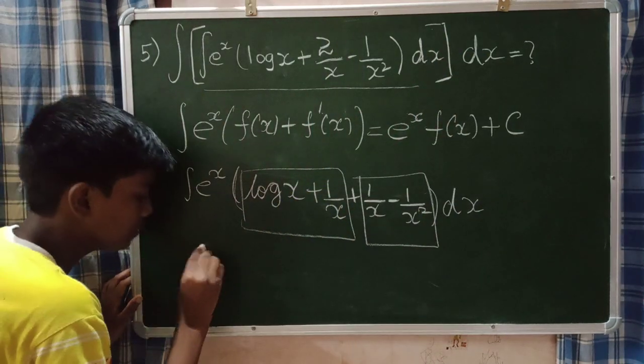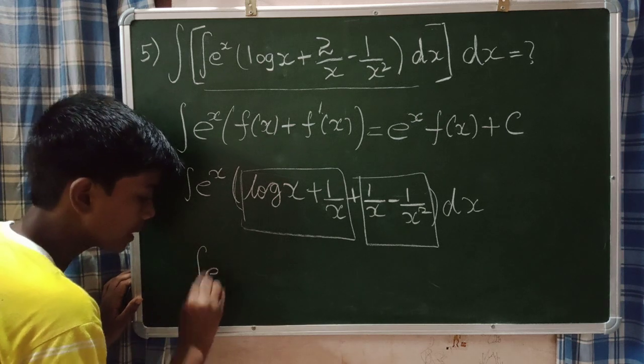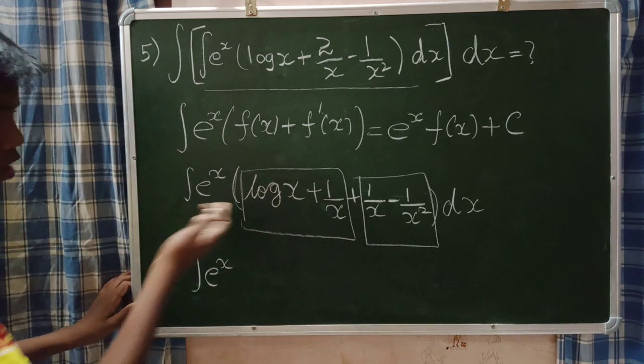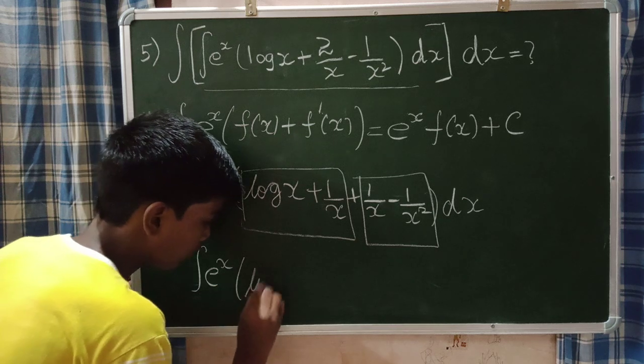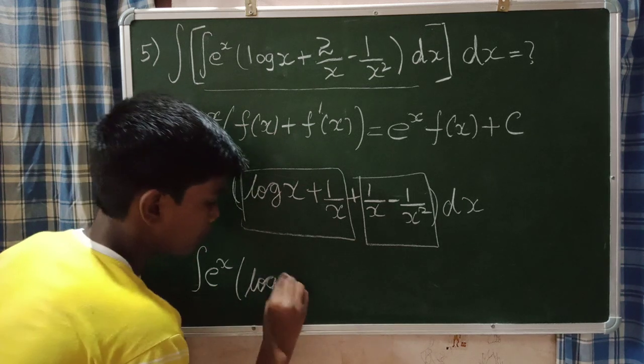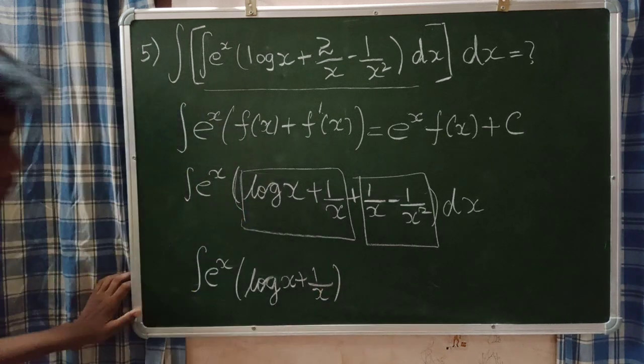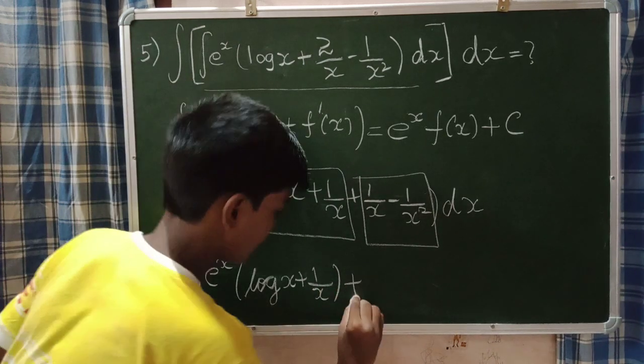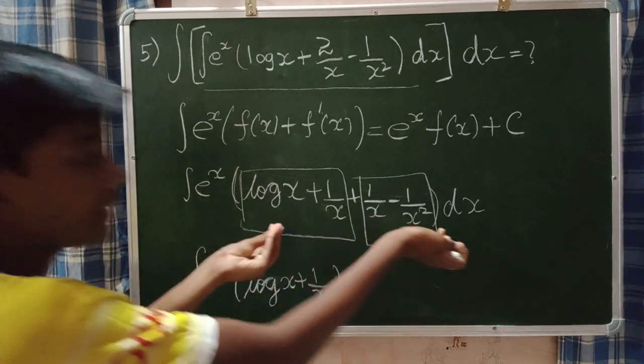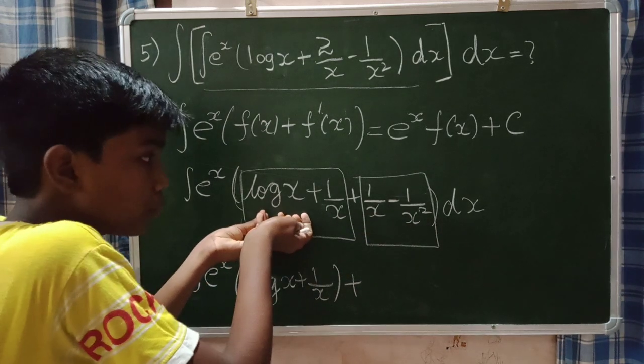So integration of e to the power of x of log x plus 1 by x, plus integration, because I split them, so I should integrate on this first part and second part.